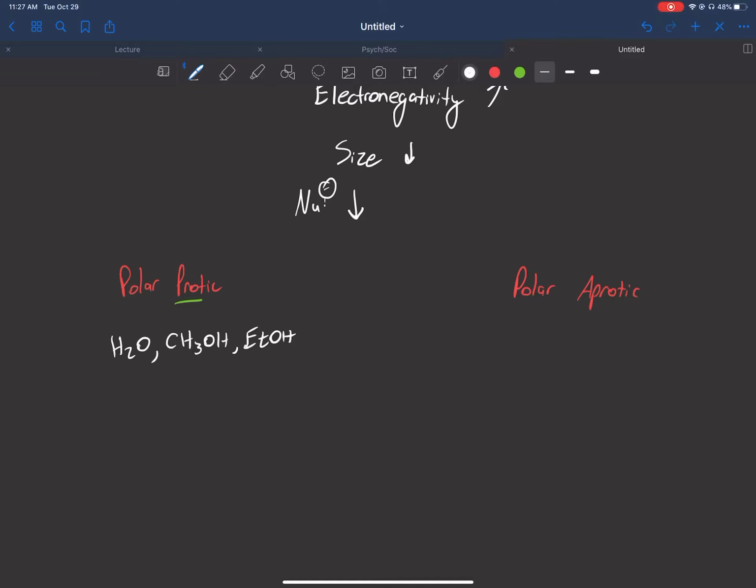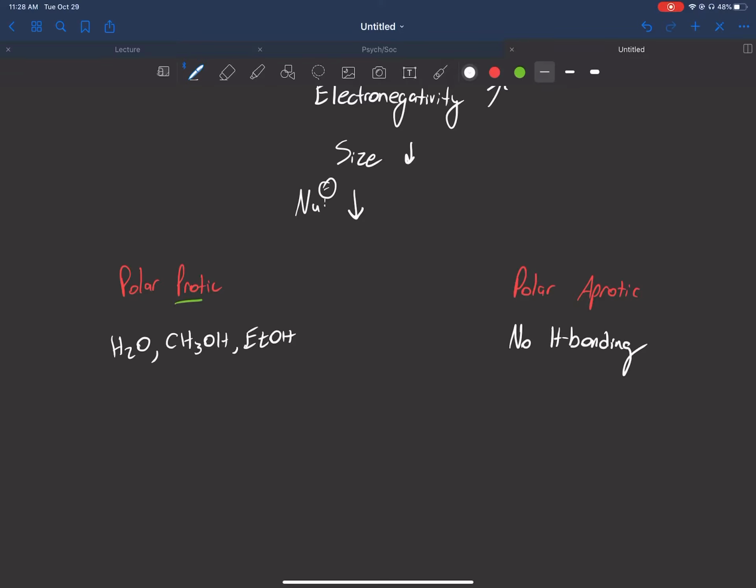They are capable of hydrogen bonding, okay? Polar aprotic solvents do not. No H bonding.